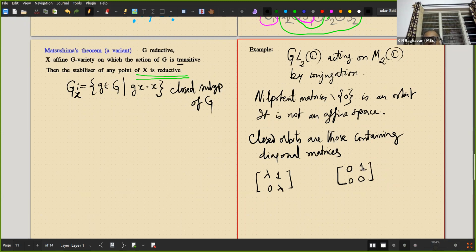So let's look at the orbit of this. What is the orbit of this? Well, they are all nilpotent matrices which are non-zero. And if you work out the stabilizer of this, what I'm saying is, take the action of GL_2(C) on nilpotent matrices.